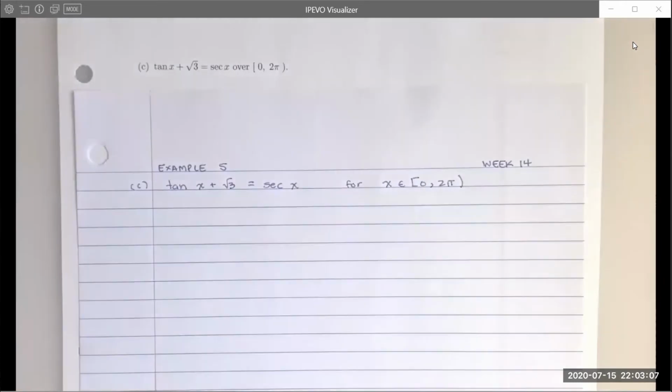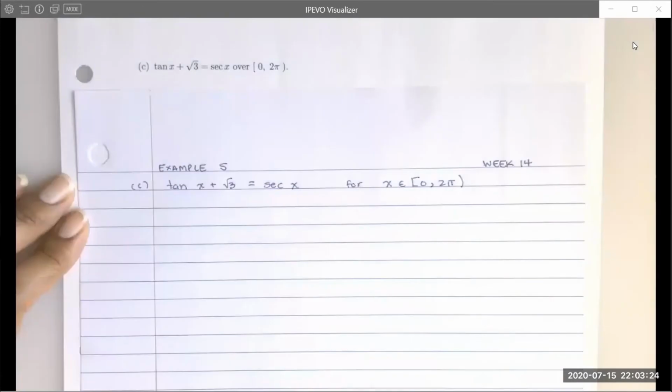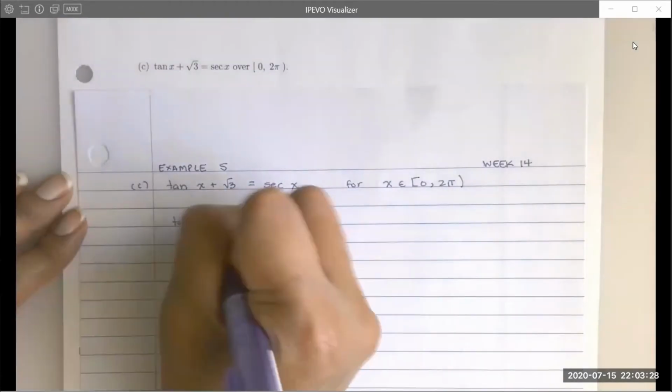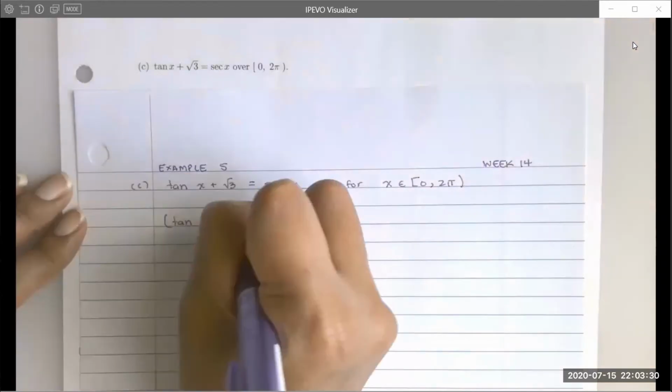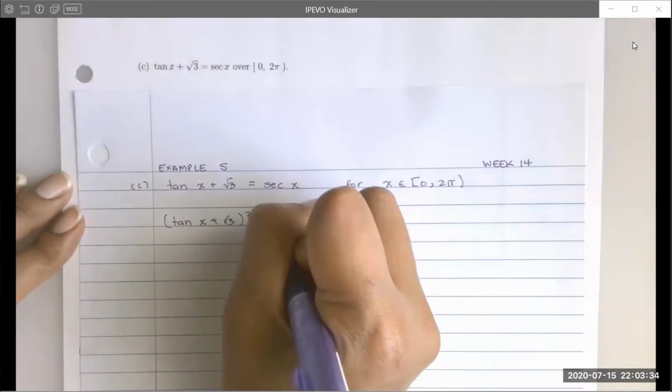Because when you square an equation, it is possible that you introduce some fake answers, solutions that are not truly the correct answer. Okay, so let's go ahead and square then. I have tangent x plus radical 3, squared, will be equal to secant x squared.